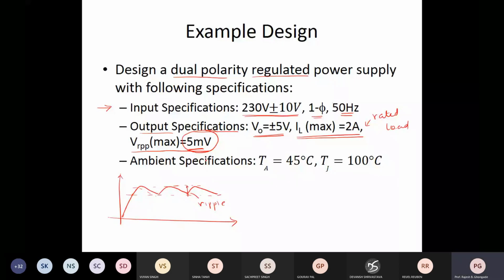All right. So have you first of all understood the specifications, guys? Hello. Hello. Yes, sir. In the input specification, sir. Yes. What is 1 minus 5?